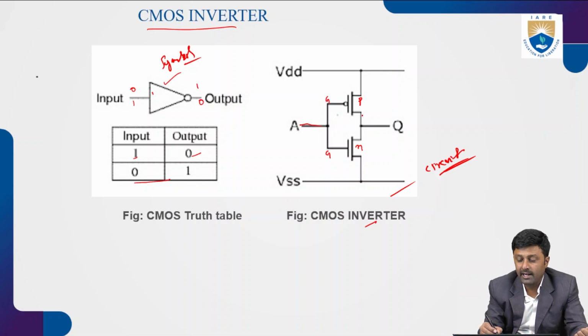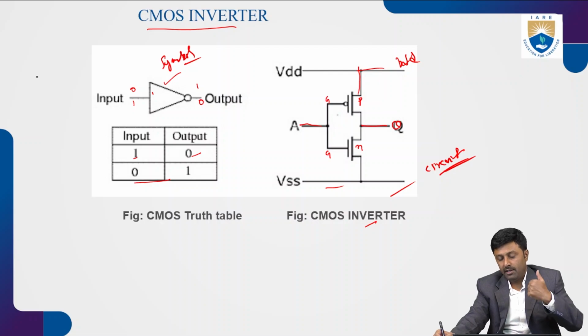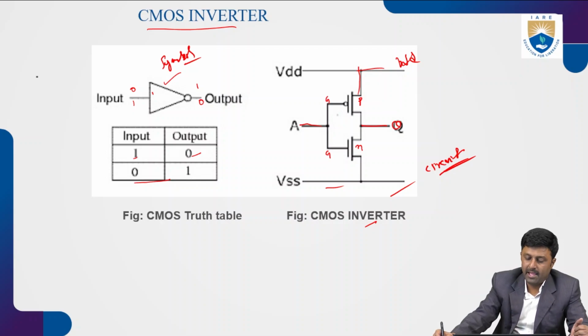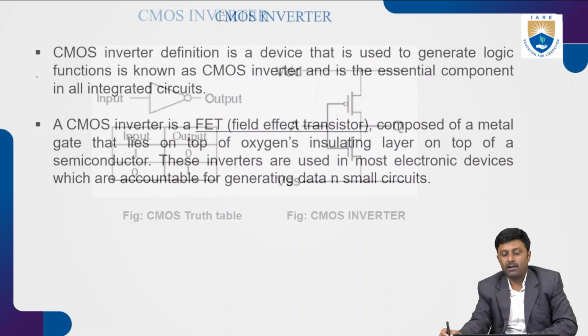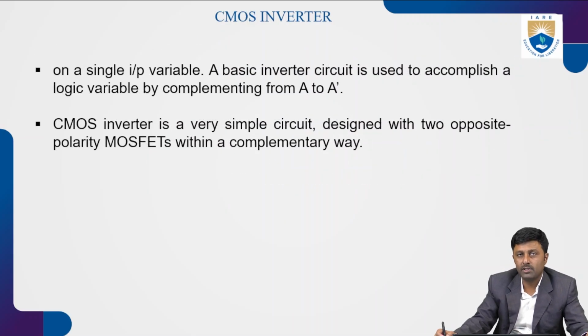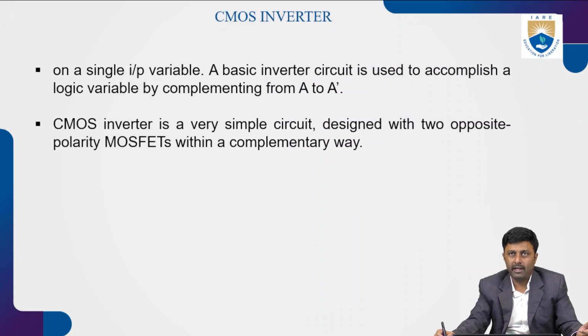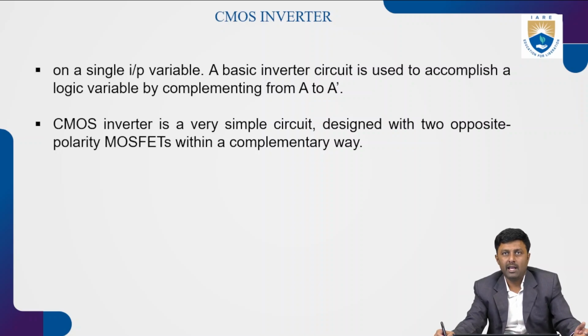The drains are given VDD here, and the output Q is taken from here by shorting these two source terminals. So this is the normal functioning. The CMOS inverter is used to complement a number from A to A dash, that is 0 to 1, and vice versa.